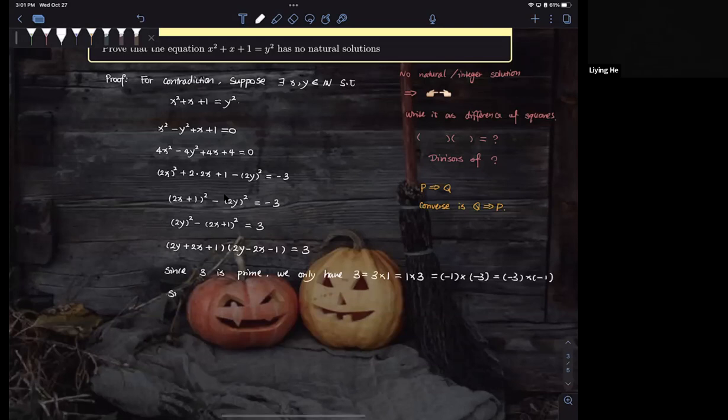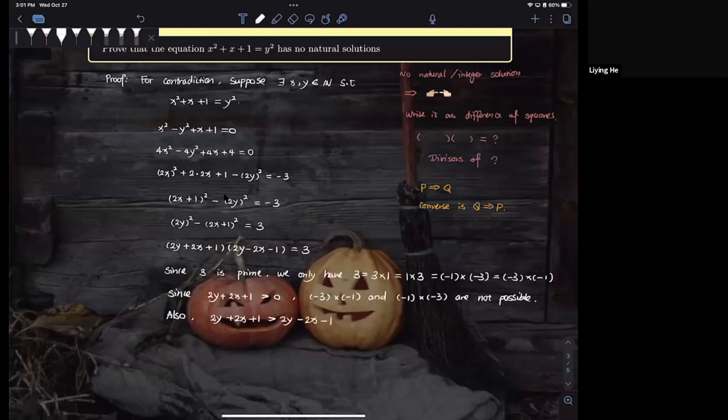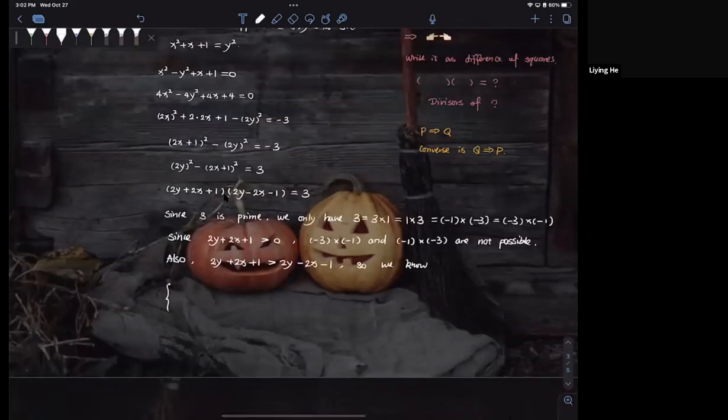Okay, since 2y plus 2x plus 1 is greater than 0, this is saying that the last two are not possible. Also 2y plus 2x plus 1 is greater than 2y minus 2x minus 1. So we know the only possibility is 2y plus 2x plus 1 equals 3, and 2y minus 2x minus 1 equals 1. So this is your only possibility.